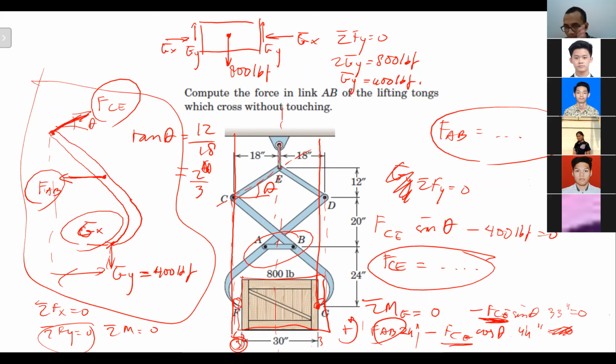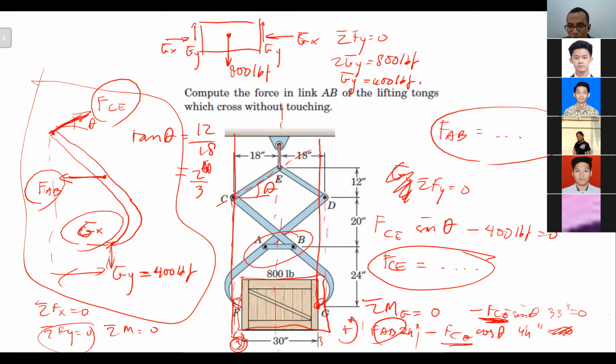Okay, and because it's symmetric, if C to D is 36 inches and F to G is 30 inches, the horizontal distance from C to F is supposed to be 3 inches, right? Correct, sir. And from D to G is supposed to be 3 inches as well, the horizontal distance, right? Correct, sir.